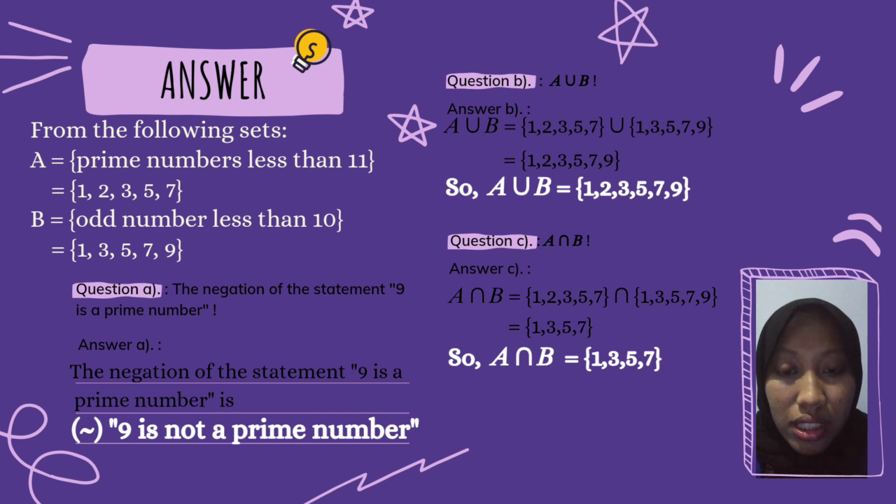For question C, A intersection B, the answer is A intersection B is equal to 1, 2, 3, 5, 7 intersection 1, 3, 5, 7, 9, which is equal to 1, 3, 5, and 7.